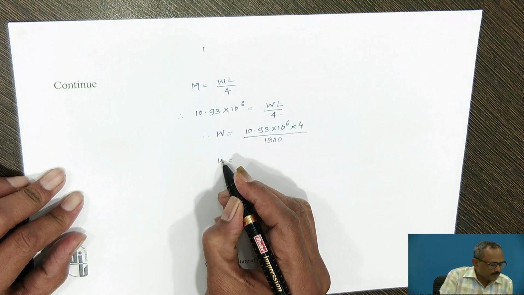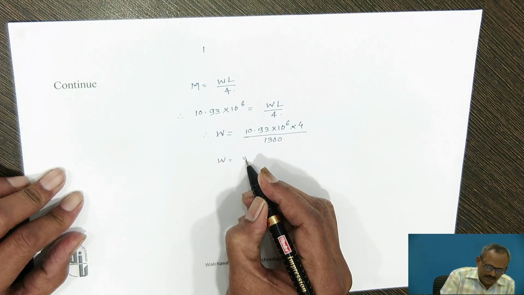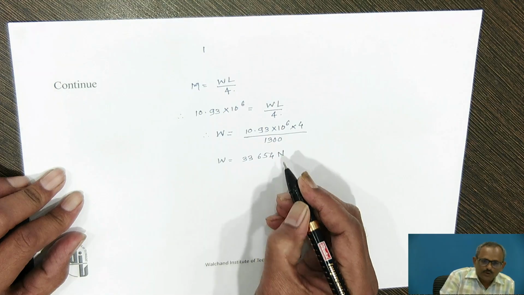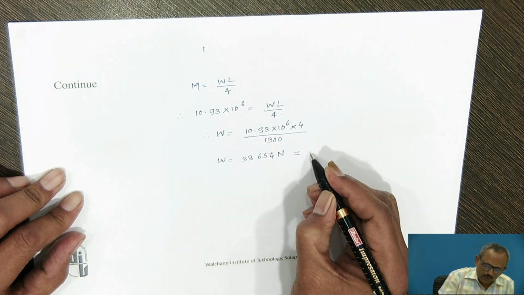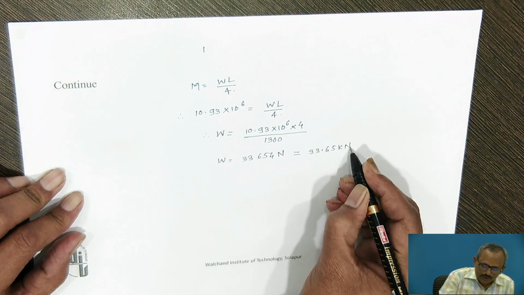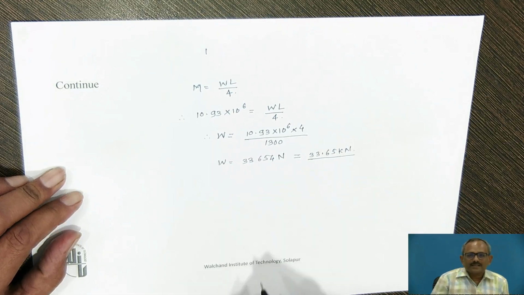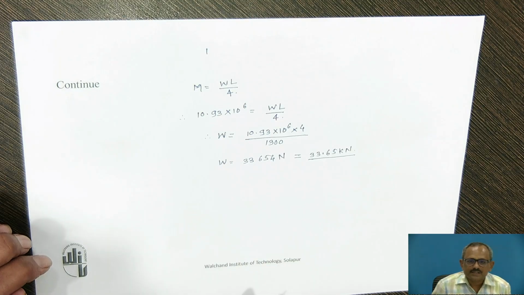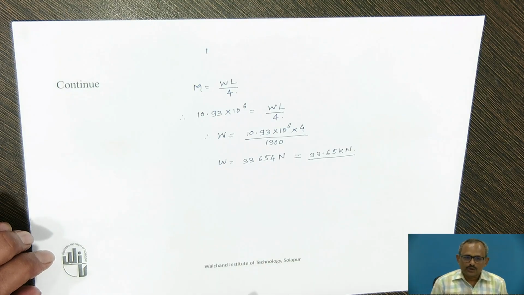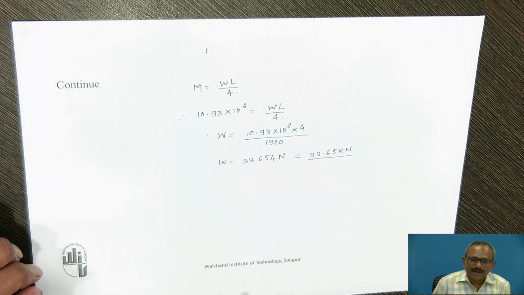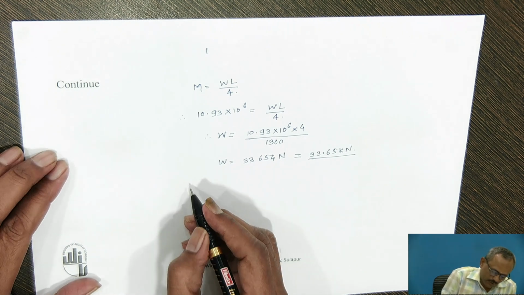So point load W is 33,654 Newton, that is equal to 33.65 kilo Newton. So by using the bending stress formula, the load W is 33.65 kilo Newton.